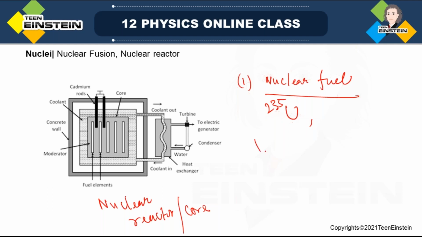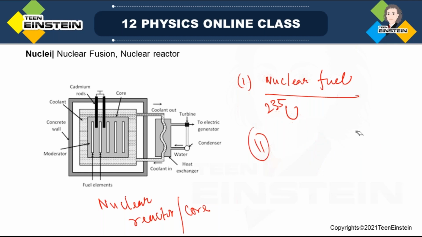Okay, so plutonium, or I'll write it in terms of symbols.